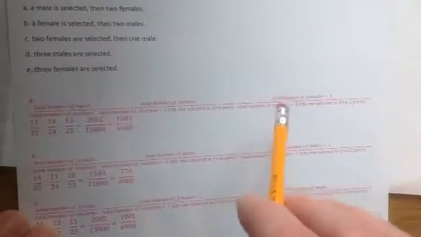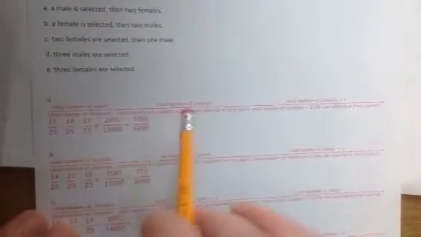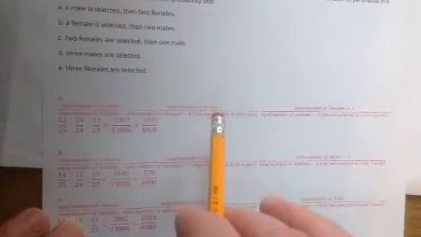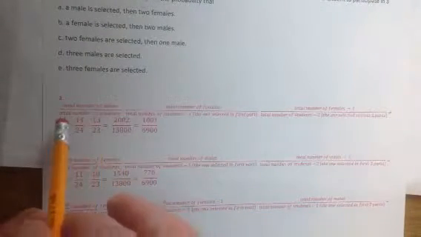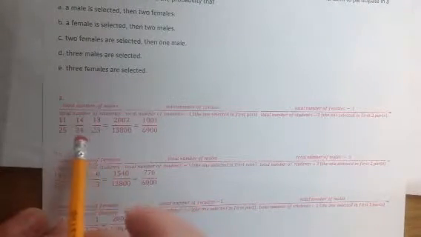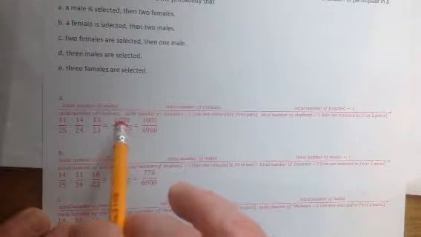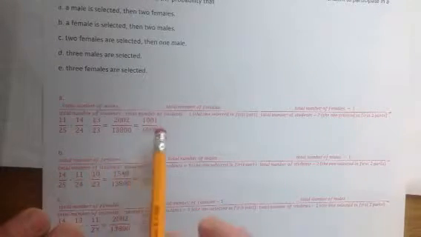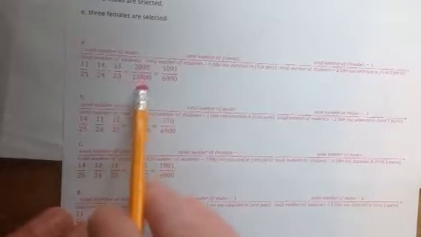Then the third one is total number of females minus 1, because we just selected 1 in the second equation. So we have 11 over 25 times 14 over 24 times 13 over 23, which equals 2002 over 13,800. And that can be reduced down, but it's not really that important because we might as well keep the denominator the same as we go down through.